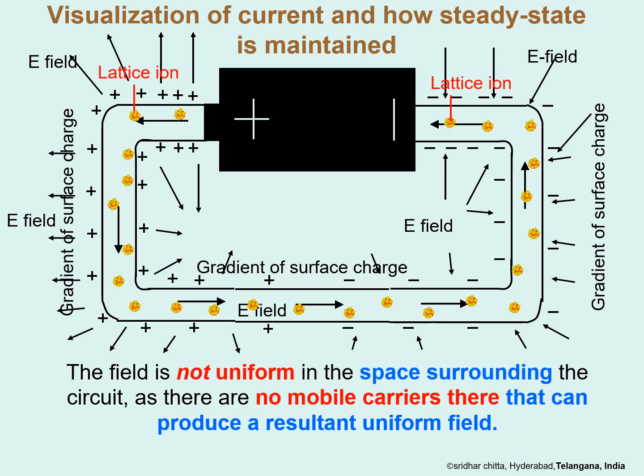The field is not uniform in the space surrounding the circuit, as there are no mobile charges there that can produce a resultant uniform field.